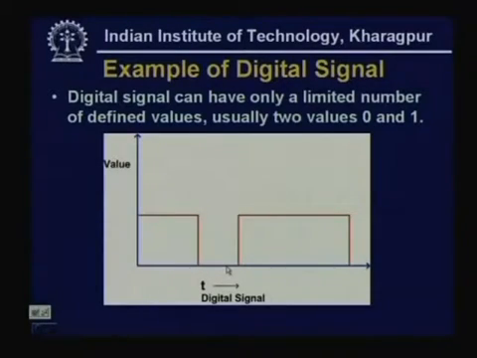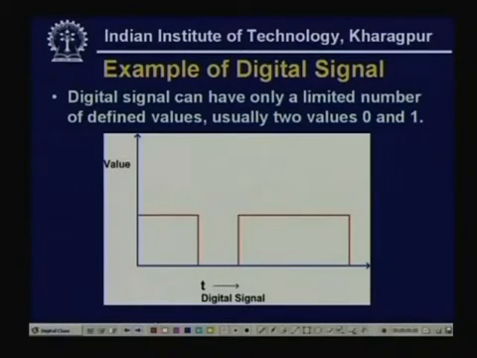Similarly, a digital signal can have only a limited number of defined values, usually two values, zero and one. For example, say this is 0 volt, and here it is plus 5 volt. 0 volt can be considered as logic level 0, and plus 5 volt can be considered as logic level 1.